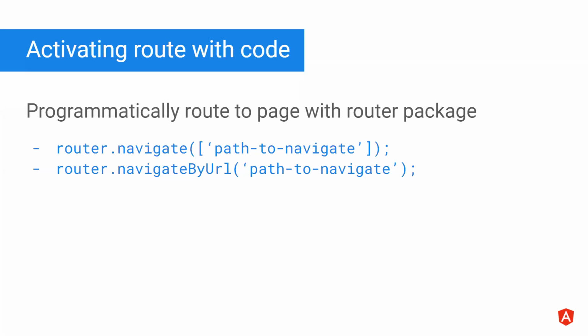For the navigate function, you have to pass in an array of strings that will be appended into a path. You will treat it as one path basically. And then you can also pass in extras such as whether this path is relative to any other route, or the parameters or the query parameters or the fragments that you want to pass in. That's in the second argument. The first argument will be the array with the paths.